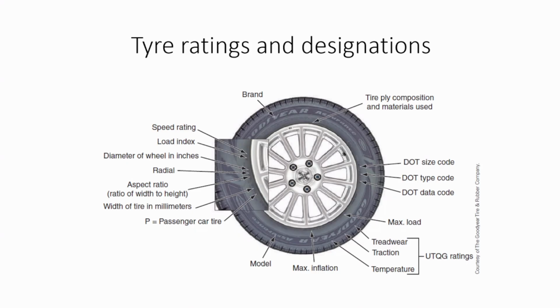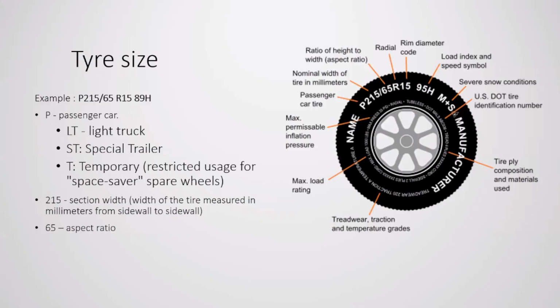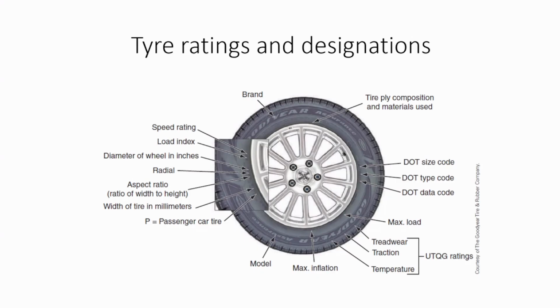So normally in the sidewall, we can see some information. The first is the tire brand, the ply orientation, recommended rim size, the tire width, aspect ratio, and the diameter, and the maximum inflation pressure and the maximum load.